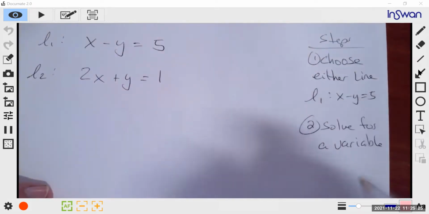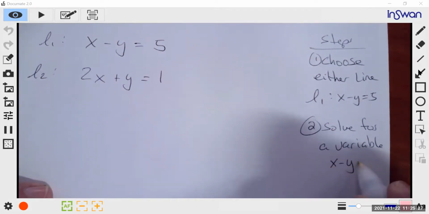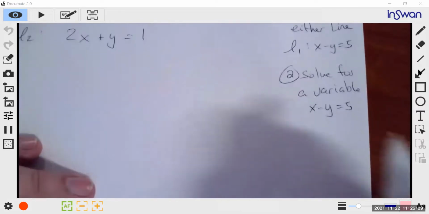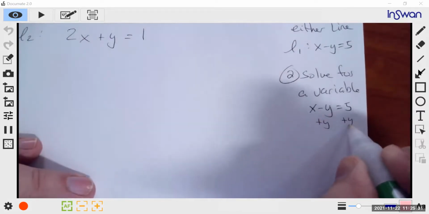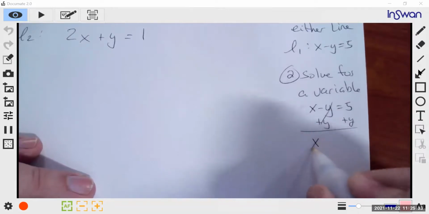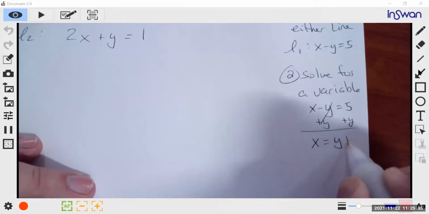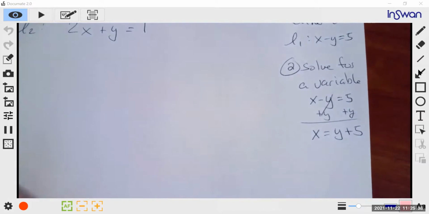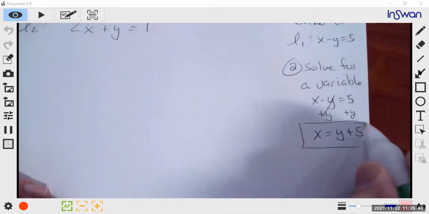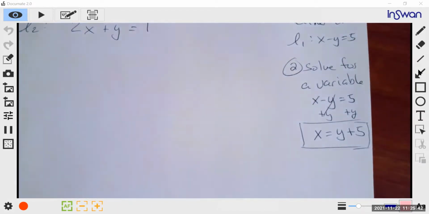Since x is positive already, I'm just going to add y to both sides. X equals y plus 5. We'll come back to that one later.